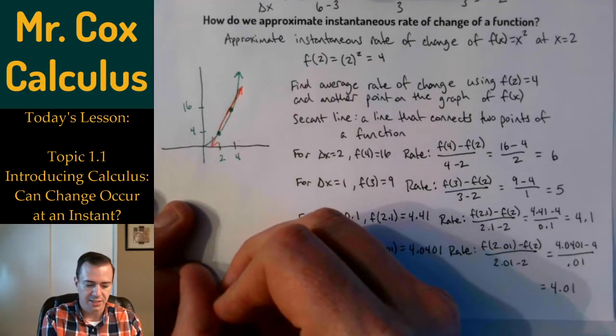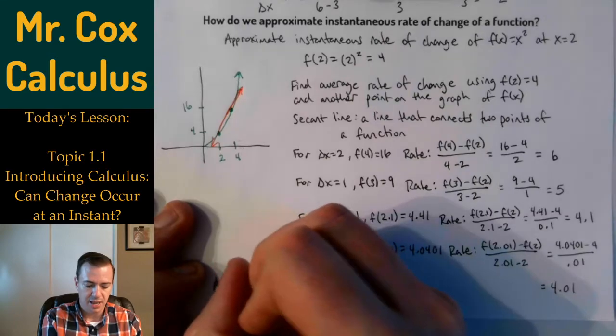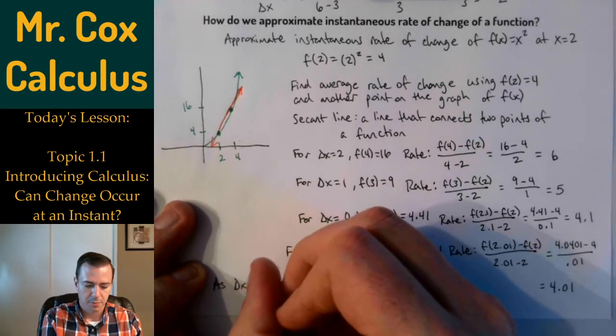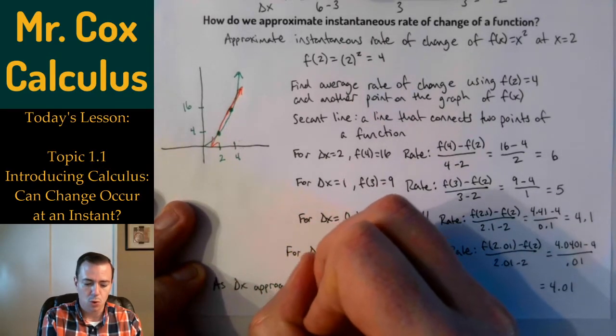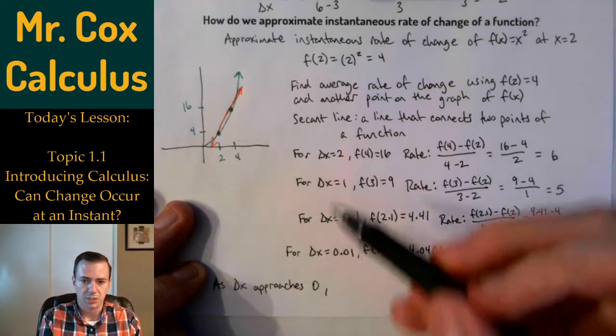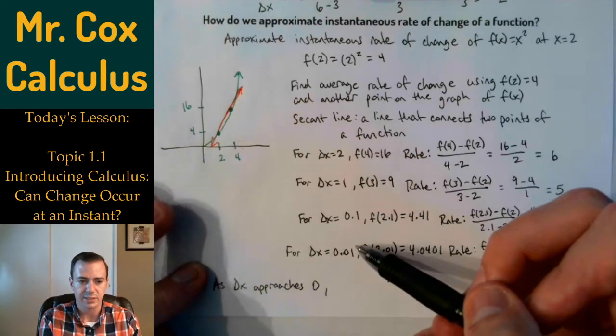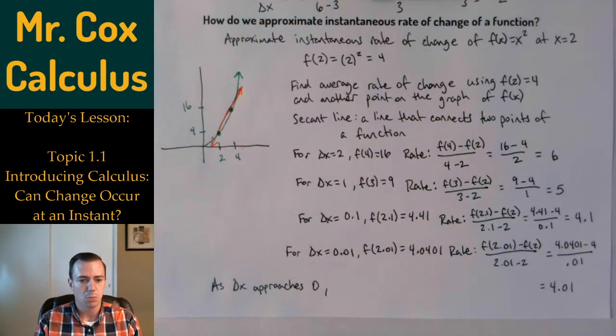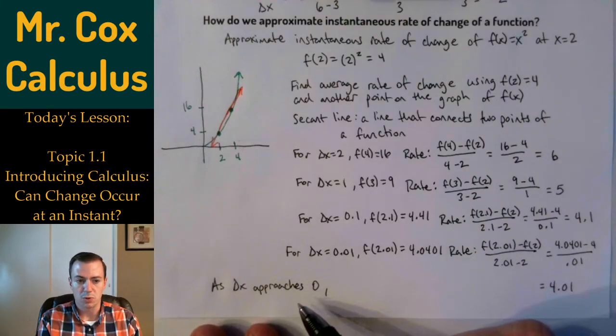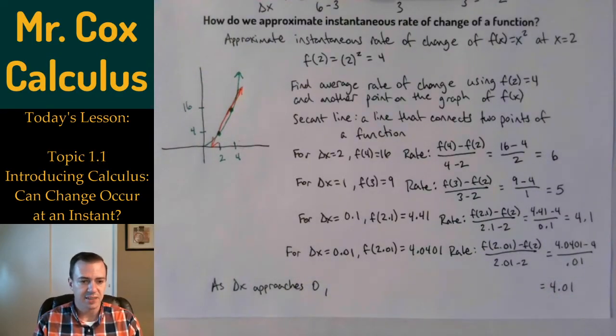So I'm going to go ahead and say, as delta x is approaching 0, which is what we were doing here. We were going from 2 to 1 to 0.1 to 0.01. We were making it smaller and smaller. So I wanted delta x to approach 0. And if you think about this idea of an instant, that's really what we're talking about. We're talking about when no time passes.